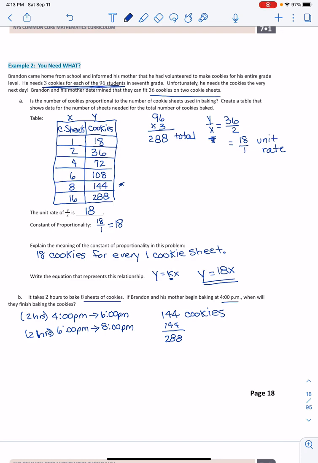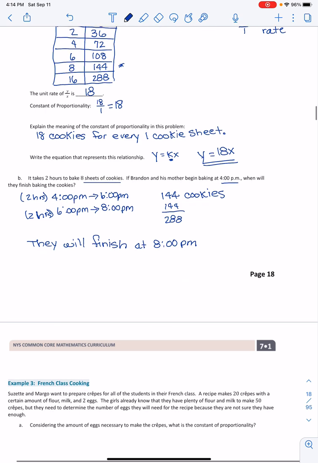So they want to know, when will they finish baking the cookies? Well, they will finish at 8 o'clock.